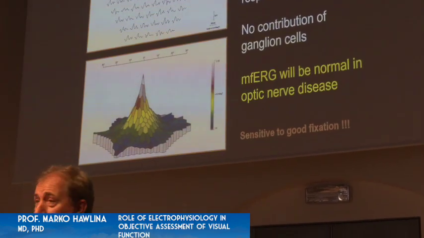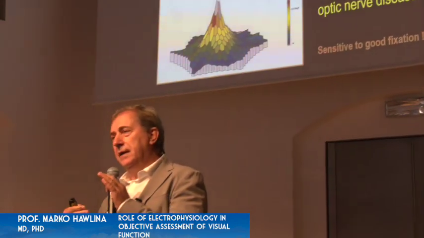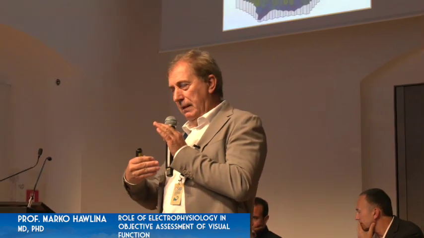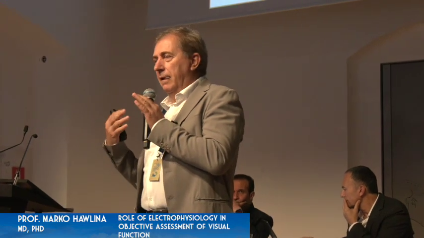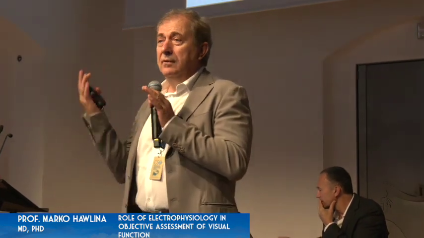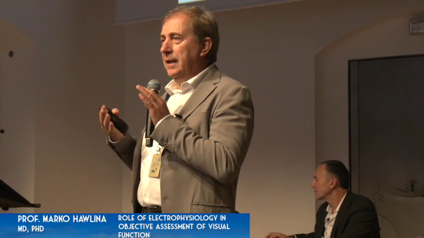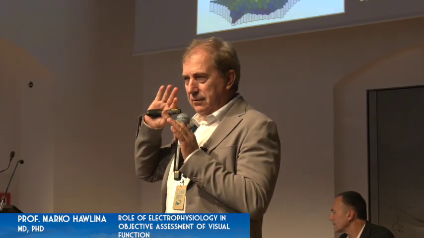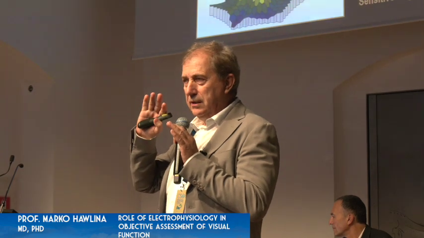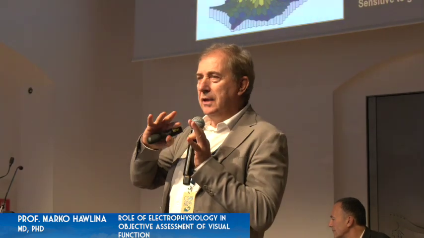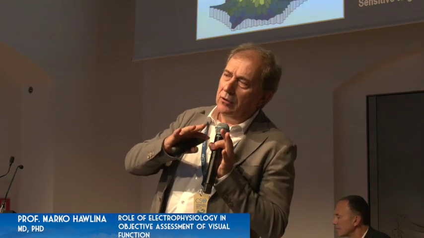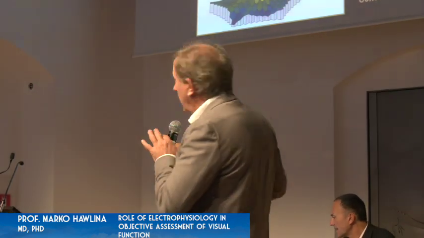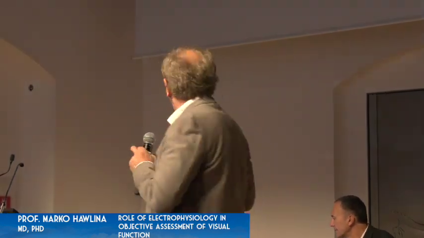And what is nice about it is that it is not affected by optic nerve problems. So if you have, for example, a blind eye due to optic nerve transection or whatever, you will still have a normal multifocal ERG, provided that the fixation was correct, which is very good for differential diagnosis. So you can know whether it is macular or optic nerve based on the multifocal ERG.